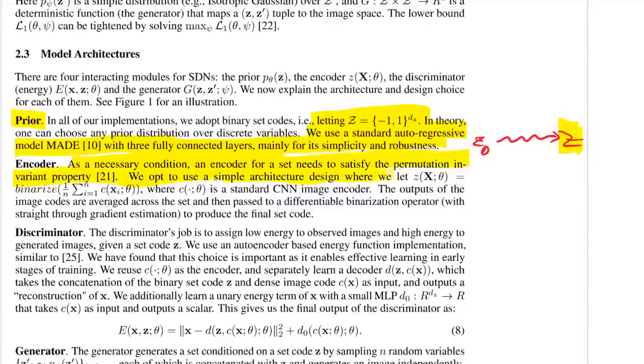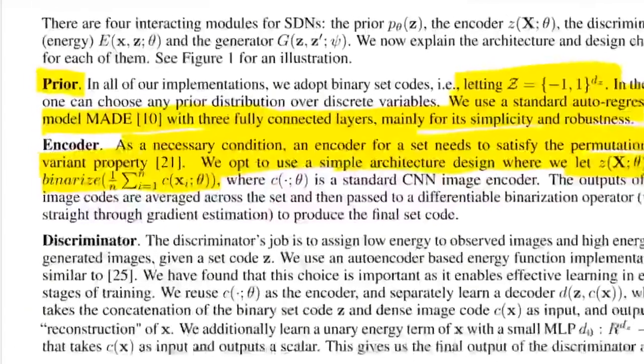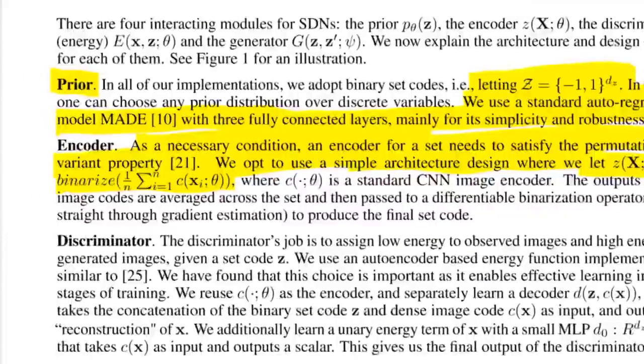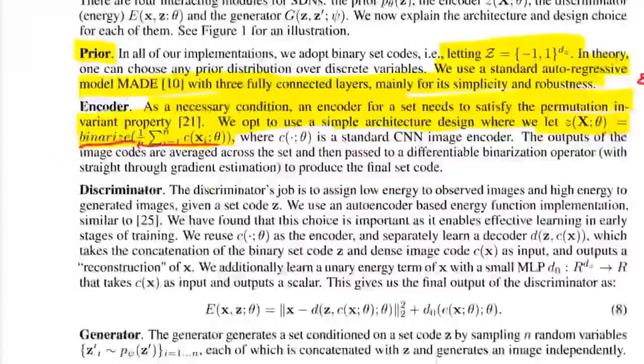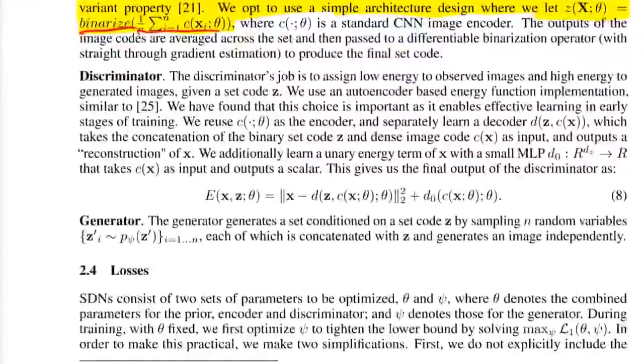We opt to use a simple architecture design where we let this be the average right here. As you can see, this is the average, and then they use this binarize operation. The binarize operation here is clamping the values to 1 or -1, and it is a straight-through estimator, which means that you backprop through it as if you hadn't clamped, but you forward prop through it with clamping. This is a trick to get through discretization things.